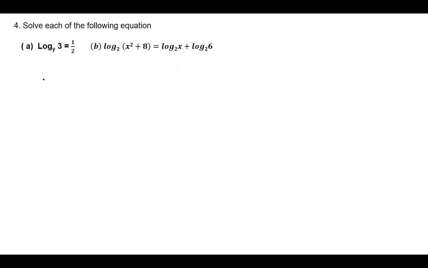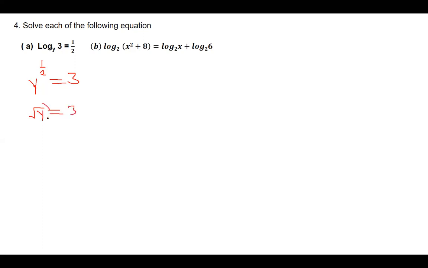So meaning we just convert this to exponential. How do we do that? This is always the power, this y is always the base. So we're saying y is the base, and then half is the power. So this 3 we just put it this side, and y to the power half is just the same as the root of y is equal to 3.